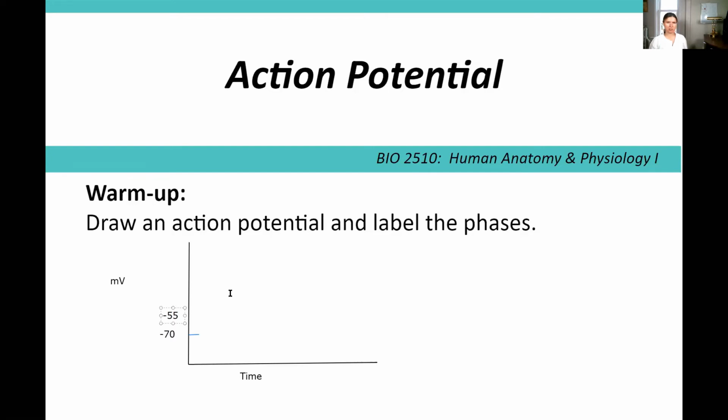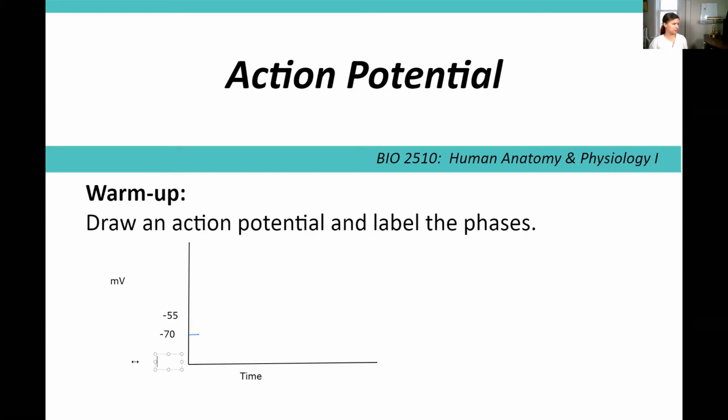And then we also want to keep in mind that part of what's influencing this action potential is the equilibrium potential of sodium and potassium. So we might also add those on here. It's fine if you didn't, but it's helpful to think about as we're thinking about what's flowing.